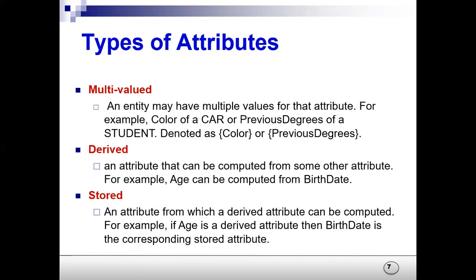That is why it is known as a derived attribute. Now what does stored attribute mean? Stored attribute is like the base class we have in C++, from where we derive the attribute age; that is the date of birth. So that is known as the stored attribute.